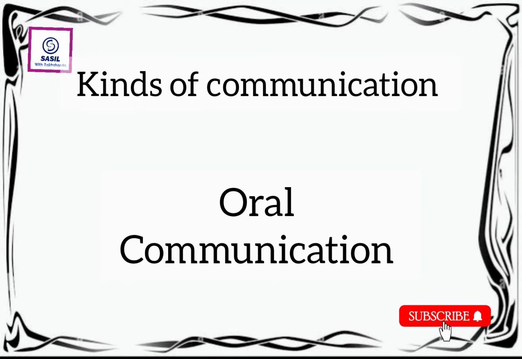If it's a formal communication, for example, you have to present in a conference, you have to appear in an interview, you're talking to your colleagues, your teachers, or in business dealings, so you have to plan something. You should better jot down some points, get the relevant material, and use the language appropriately.